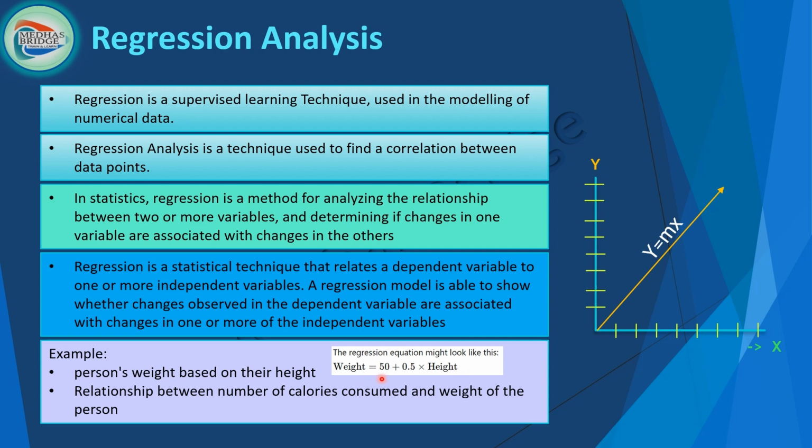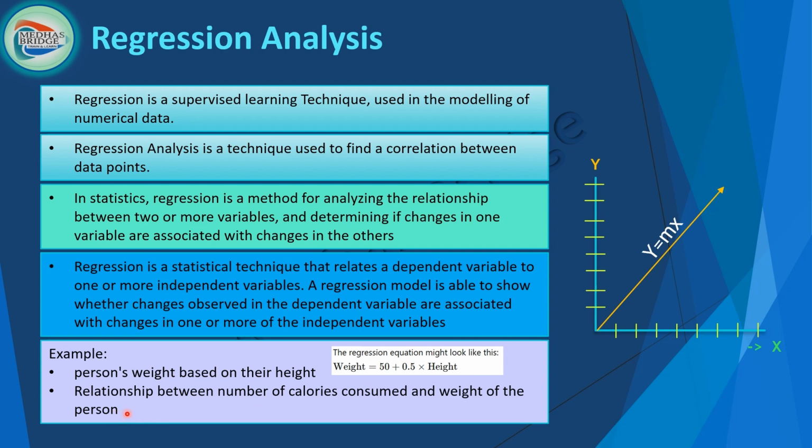So the height is the independent variable, but the weight is based on the height. Based on the height, the weight can be estimated using this formula. Whether it is right or wrong is a different question, but this simple example helps you understand how regression analysis can be done.